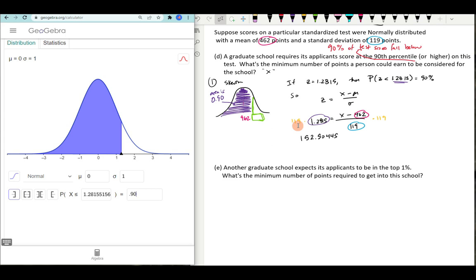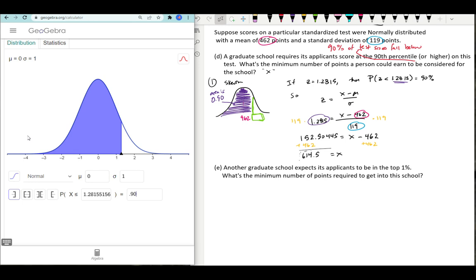I probably don't need all of these decimal places, but it's all right. Still got x minus 462. And then to solve for x, I need to add 462 to both sides, being careful to keep place values in correct order. Adding those things together, I end up with, with a little bit of rounding, about 614.5 and a little bit more. That should be equal to x, and so this is my answer.